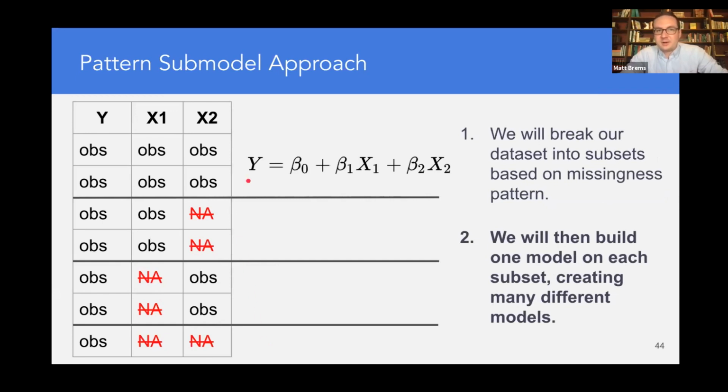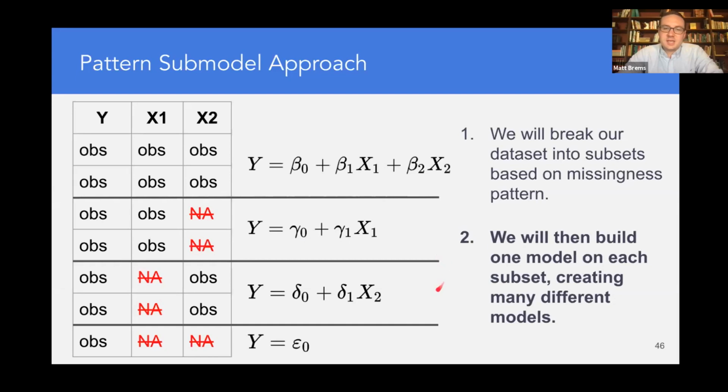So up top here, I build a linear regression model, and it doesn't have to be linear regression. It could be a random forest or something else. But this linear regression model is Y equals beta naught plus beta 1 X1 plus beta 2 X2. On the next subset, I build a model here, Y equals gamma naught plus gamma 1 X1. Notice there's nothing for X2.